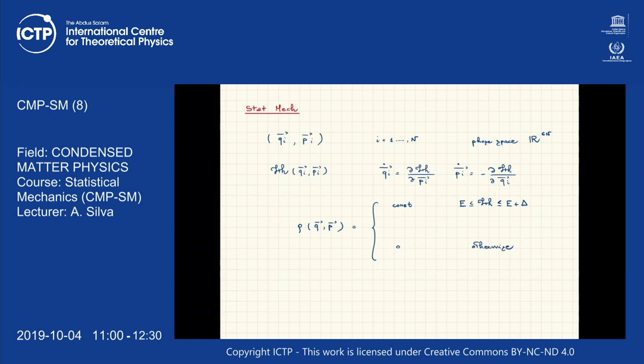So E is the energy of your system. Delta is roughly the resolution with which you measure the energy. But it's supposed to be a parameter that is small and tends to zero. It's arbitrarily small. It doesn't really matter what it is. So what you're thinking about is the following. You're thinking of having your phase space, which here I'm representing as three-dimensional just because I'm not able to draw a 6n-dimensional space.